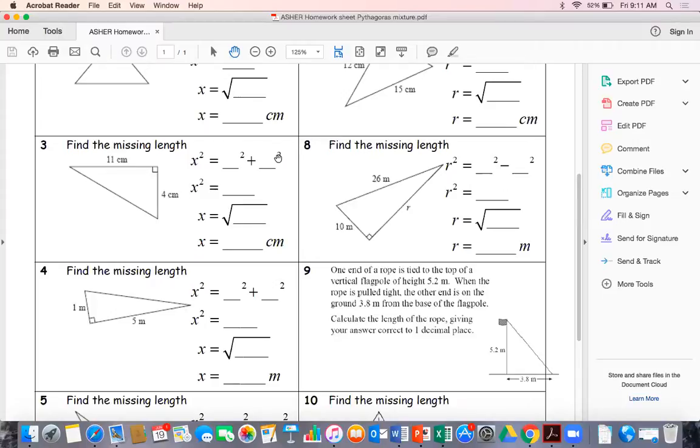No. 11 square is 11 times 11. Teacher, can I help her? Yeah, let her try first. Do you have your calculator? No, I don't have a calculator, because I'm in my grandmother's house. Okay, Isabel, try. You check.